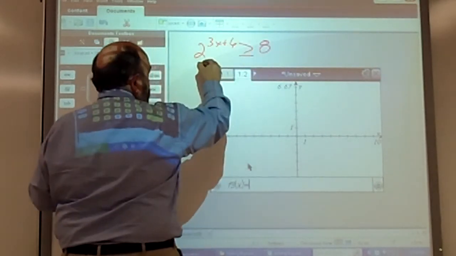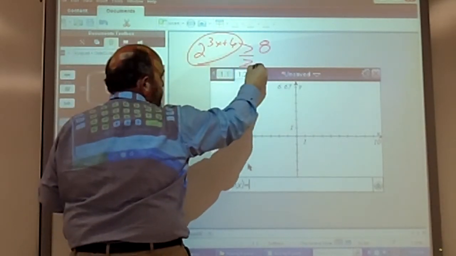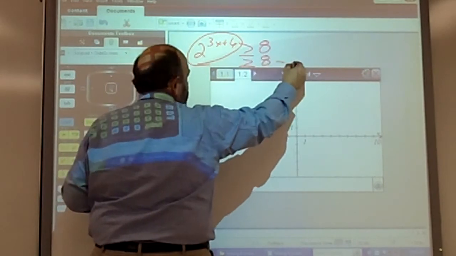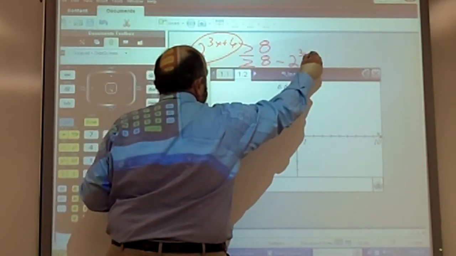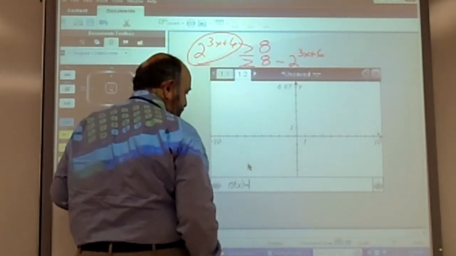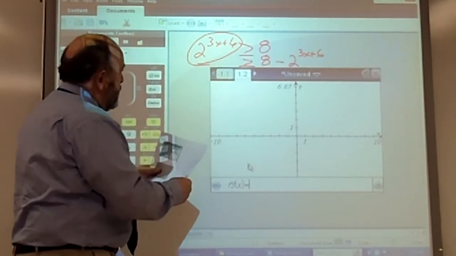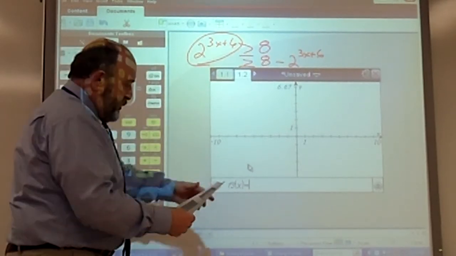Like this, this part here has to move over to the right side. So we have greater than or equal to 8 minus 2 to the 3x plus 6. This is what we'll be putting into the graph page. Of course, we have to erase that in order to put it in here.